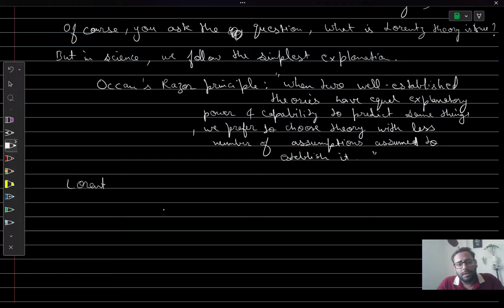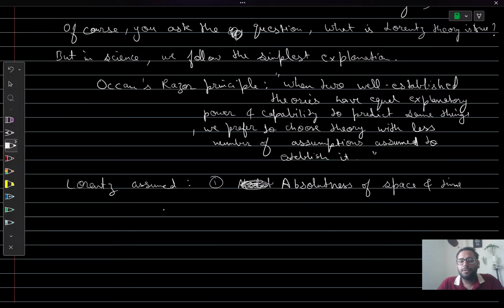So Lorentz assumed, what kind of assumptions? First of all, he assumed absoluteness of space and time. We assume that space and time are absolute, but the motion of objects through the ether actually leads to length contraction or time dilation kind of things.